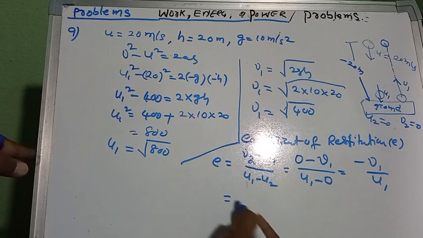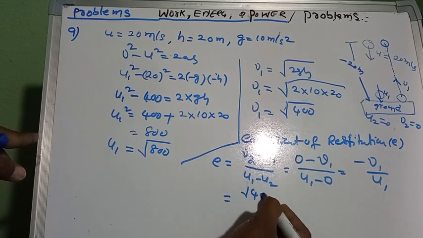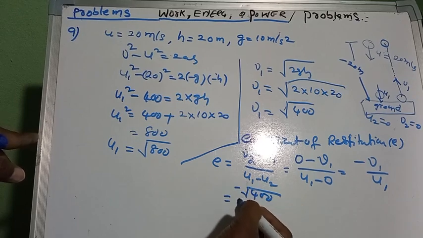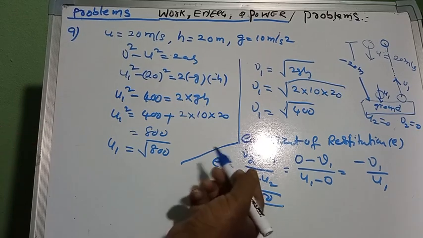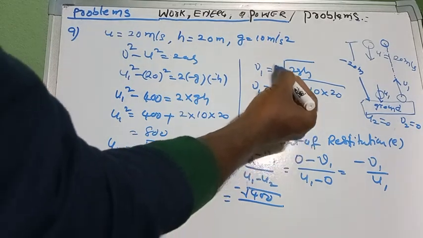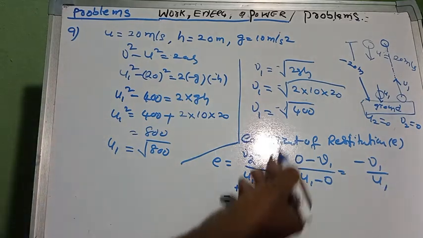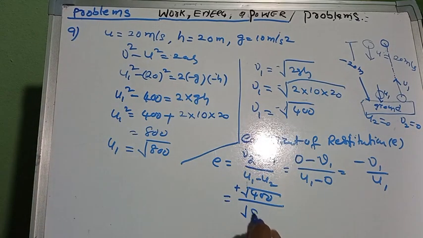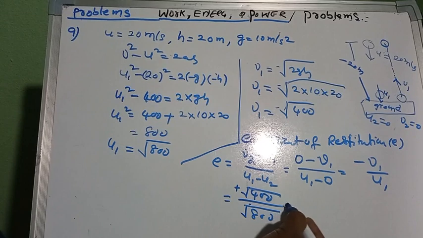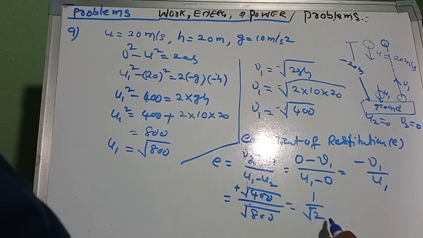So this is equal to v1. v1 is equal to under the root of 400 by, and here, sorry, it is moving in the upward direction, we got here minus. Okay, minus into minus, here this will be plus, and u1 is equal to under the root of 800, and that is equal to 1 by root 2.